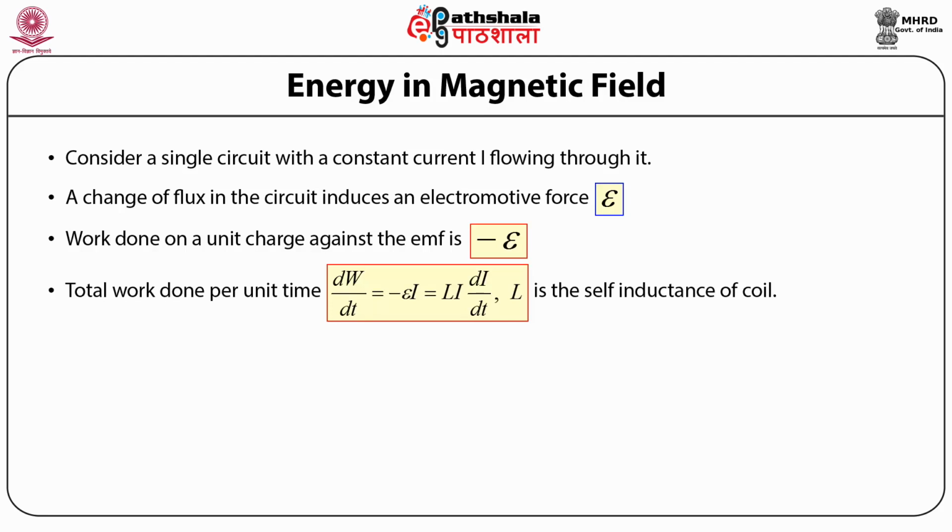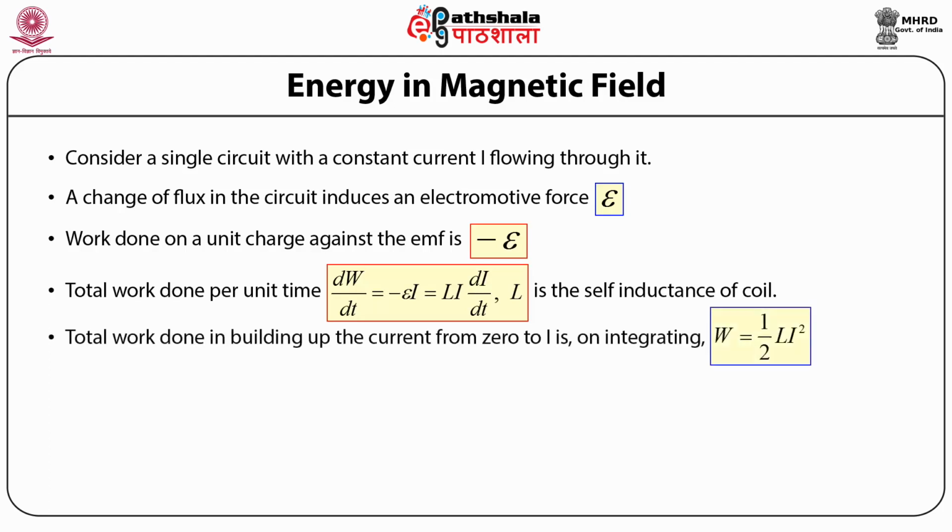Now if L is the self-inductance of the coil, then this induced electromotive force can be written in terms of the self-inductance L of the coil as epsilon is equal to minus L times the derivative with respect to time of the current I that is flowing in the circuit.